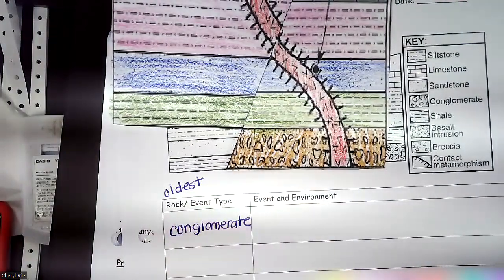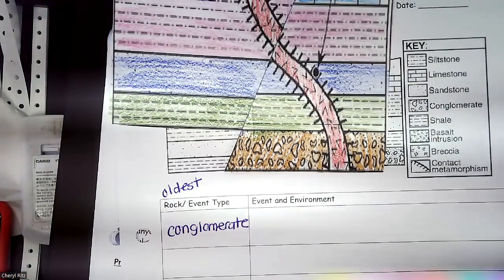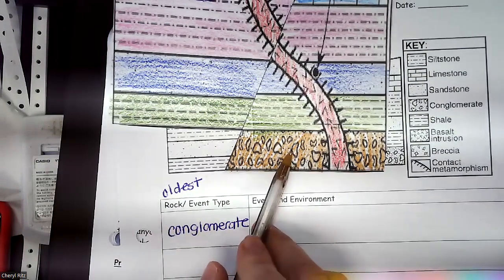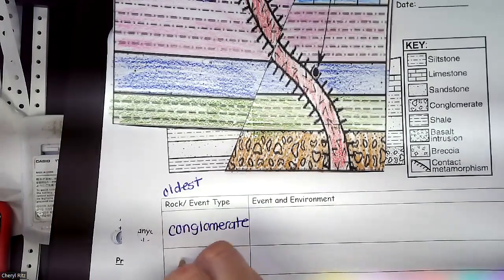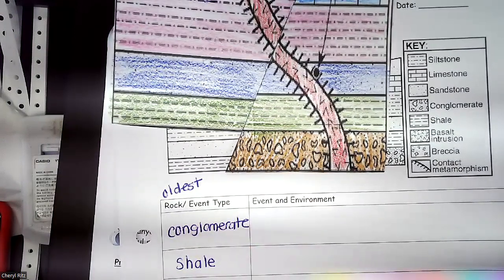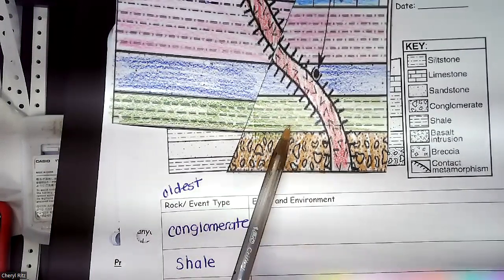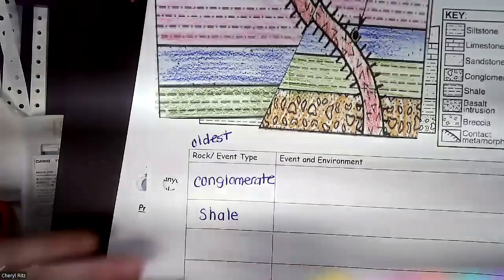I might not have the right number of boxes. We'll have to find out. What happened after the conglomerate? So we had the conglomerate sitting here hanging out. Then the shale. After the conglomerate and shale were sitting here hanging out, then the sandstone came next.